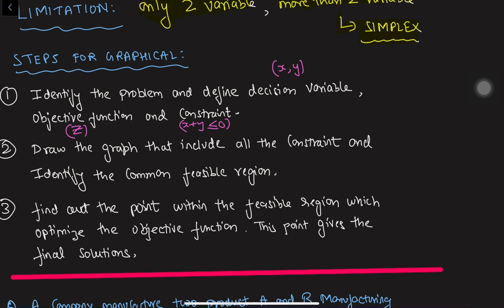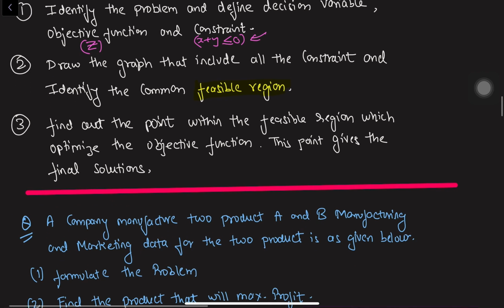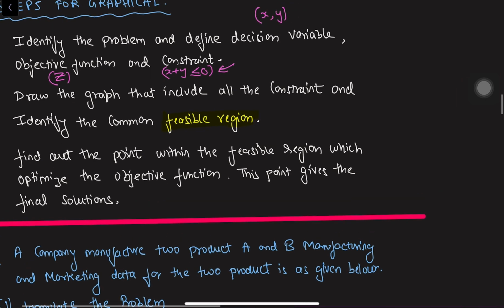Once you identify all this, you need to draw the graph that includes all the constraints and identify the common feasible region. Third, you need to find the point within the feasible region which optimizes the objective function, and that point will give you the final solution.